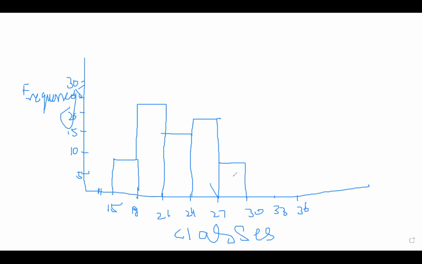The second last one has 4 observations, and the last one has only 2. So this is the way to construct a histogram, and that's it. This is the easiest way to make it.